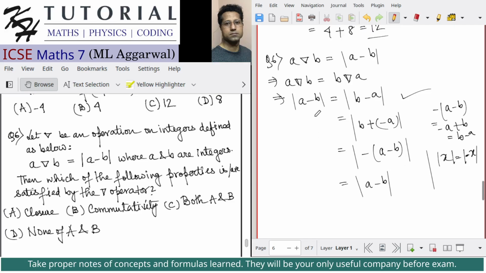So definitely this triangle operator is commutative.